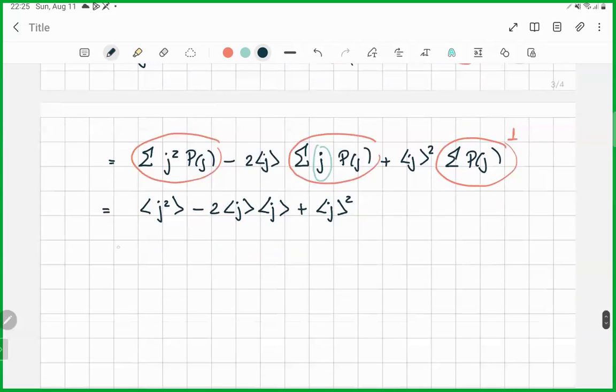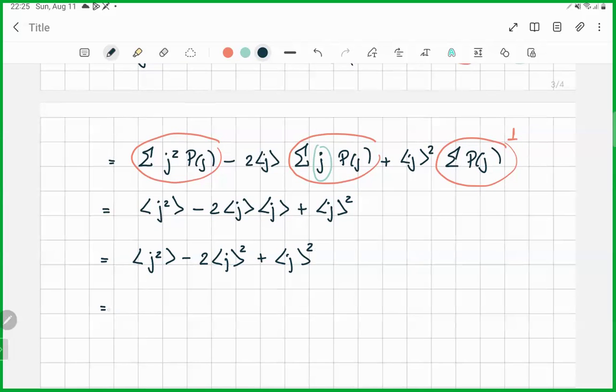Let's rewrite this. The first term is the mean of j squared. The second term is twice the square of the mean. The last term is the square of the mean.